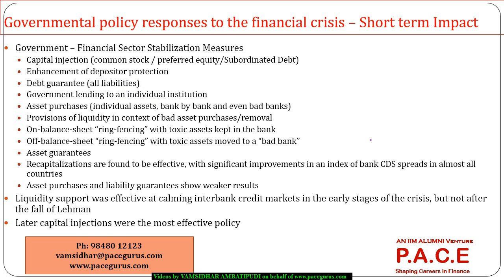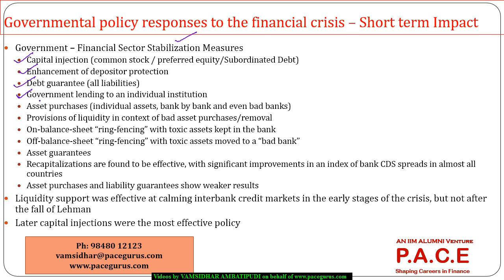And apart from that, the government also got into various stabilization related measures, right? You see that there were many instances where it injected capital either in the form of common stock, preferred equity, or subordinated debt to various institutions. The depositors' protection got very much enhanced by the government. There were all kinds of debt guarantees to all the investors.